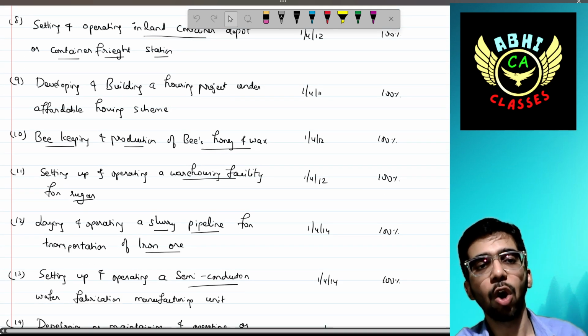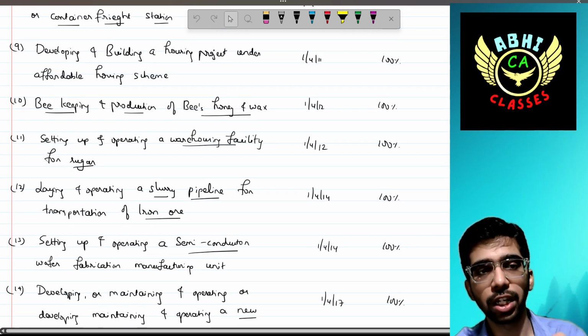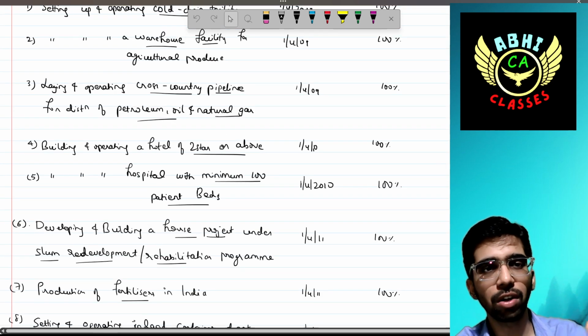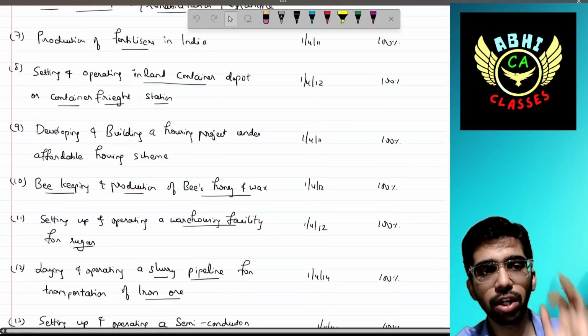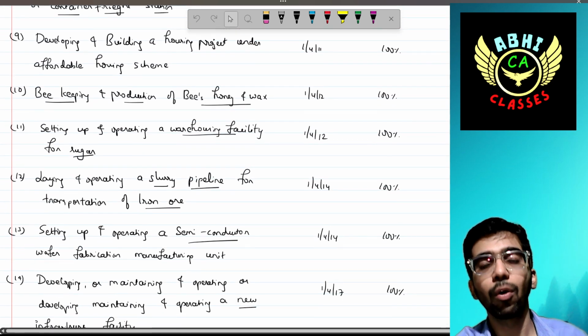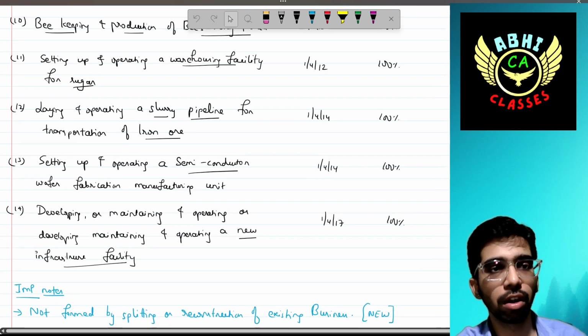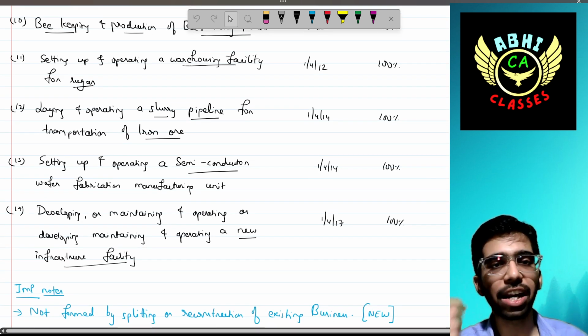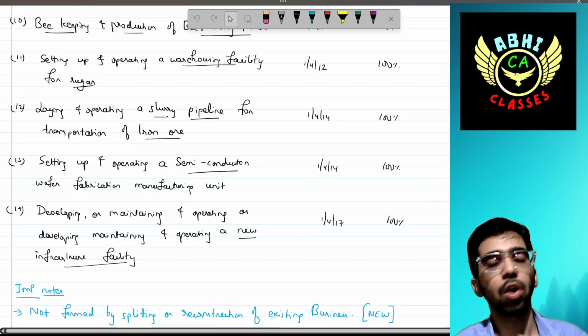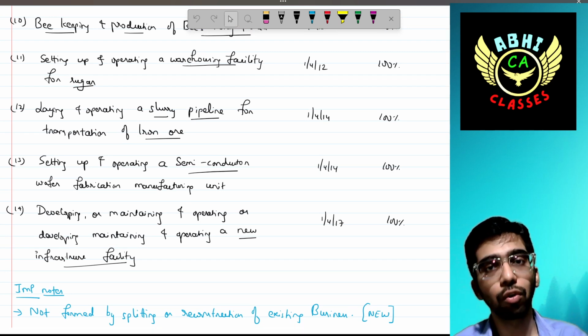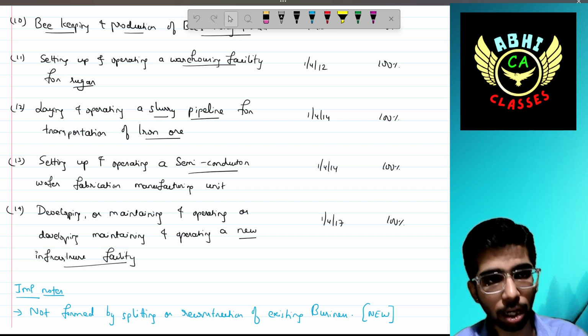Then setting up and operating warehousing facilities for sugar. Of course, we discussed agriculture produce, but here we are discussing sugar. Then 1st April 2012, 100%. Then laying and operating a slurry pipeline for transportation of iron ore, 1st April 2014 onwards, 100%.